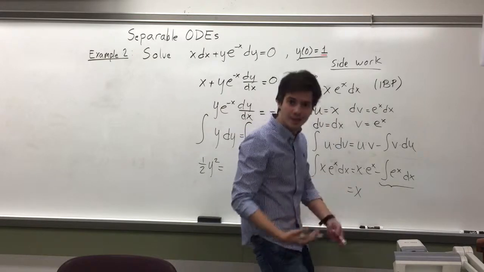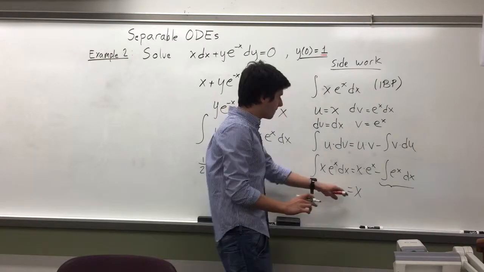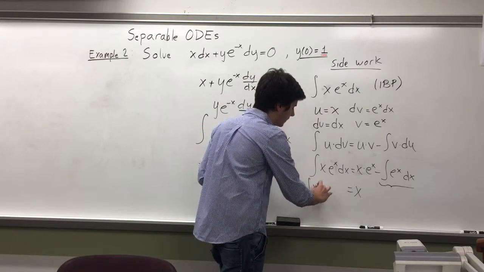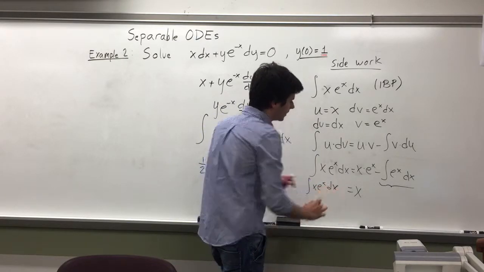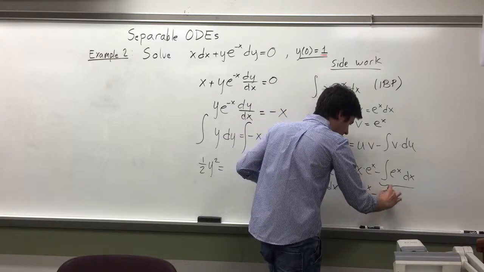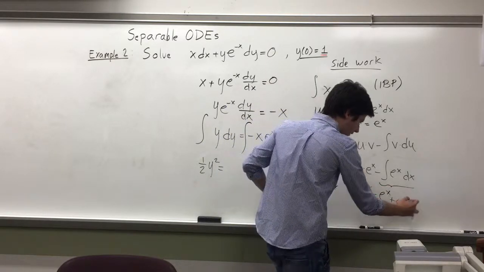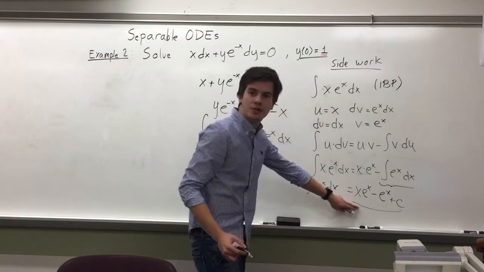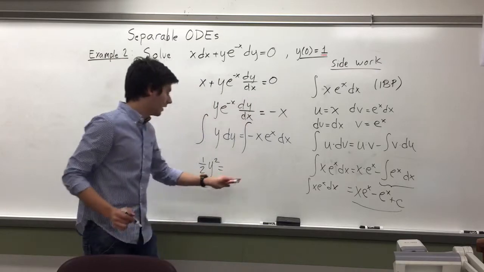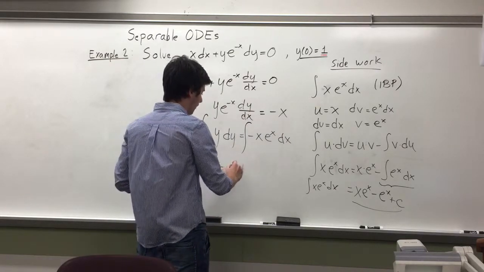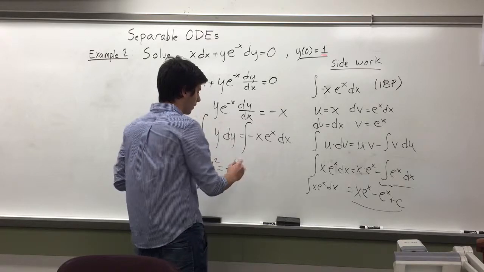So, I'm speaking too fast, sorry for that. This integral of x e to the x dx is simply equal to x e to the x minus e to the x plus a constant. So, let's get this result right here and substitute it in our final parts of this problem.